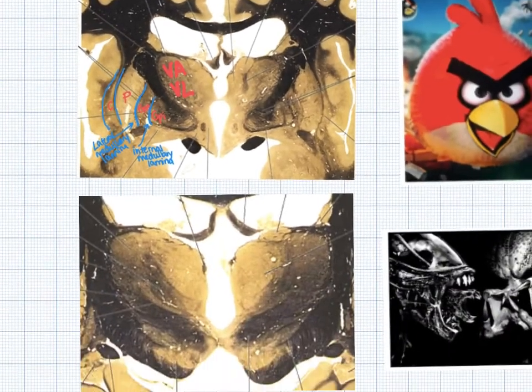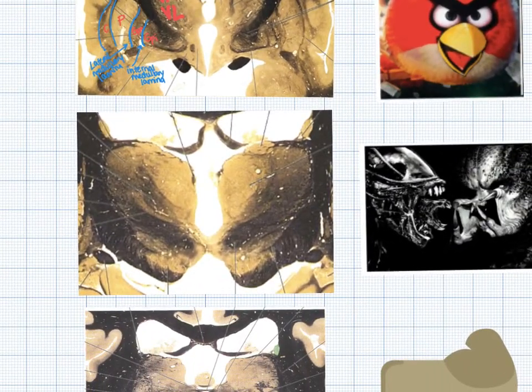Okay, moving further posteriorly, we get to a level that looks a little bit more like the two aliens here, if you can imagine that. And at this point, we still have our caudate nucleus and the lateral wall of the lateral ventricle. There still is a putamen and the globus pallidus out here, although it's just a little bit shown here.